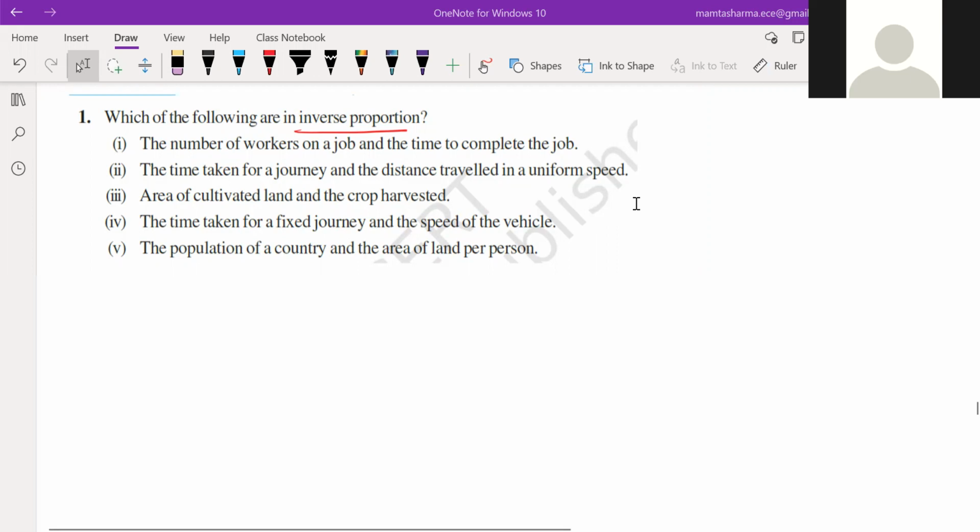The time taken for a journey and the distance traveled in a uniform speed. The time taken and the distance traveled.